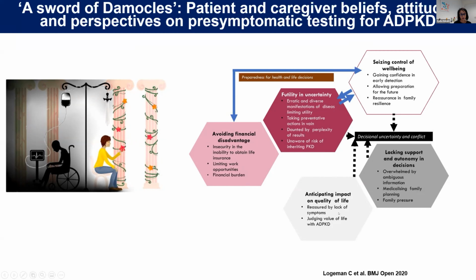And a lot of patients are also reassured because they are asymptomatic and not feeling anything. However, other caregivers think that making the diagnosis early will give early detection of treatable comorbidities and allow the families acceptance and resilience.